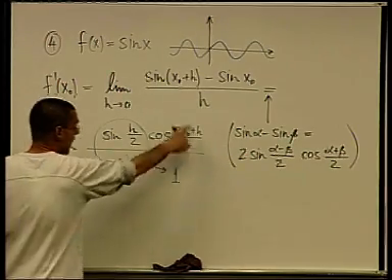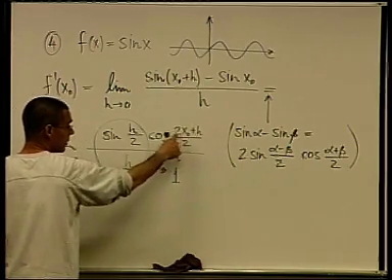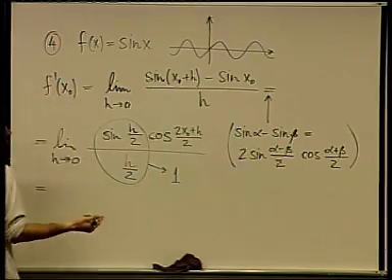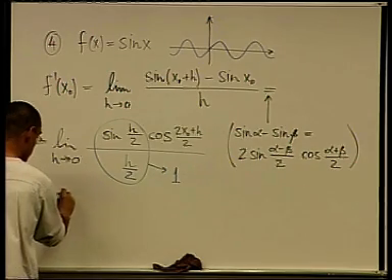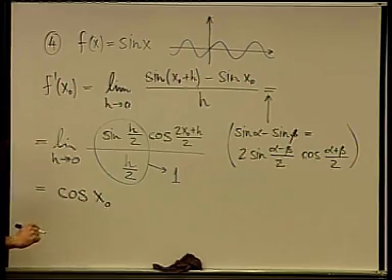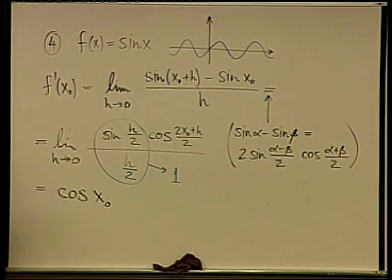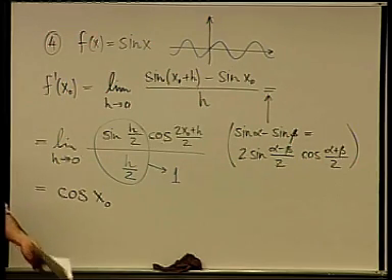What about this factor? What does this go to? So as h goes to 0, we get 2x0 over 2, which is x0. So the limit is just cosine of x0. So the derivative of sine is cosine.